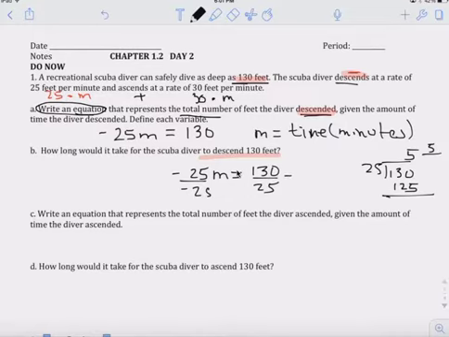Okay, so my answer is, because it's descending, we need to put another negative here. Right there. Two negatives make a positive.